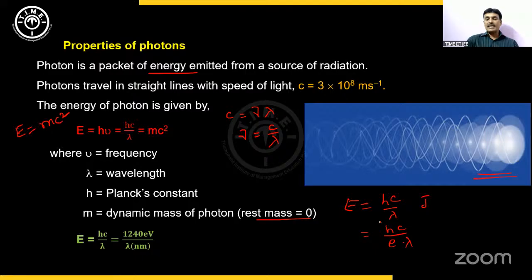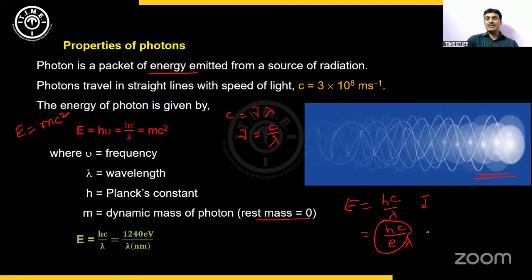Here, except lambda, the remaining 3 are constants. h is Planck's constant, which is 6.625 into 10 power minus 34 in joule second, SI unit. c is the speed of light, which is 3 into 10 power 8 meter per second, and e, the charge of the electron, is 1.6 into 10 power minus 19 coulomb.